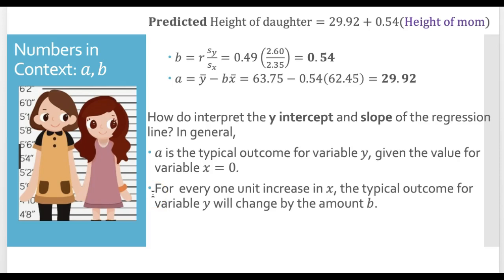So this quantity B, I could just write it as B over 1. And so what we say is, for every 1 unit increase in x, the typical outcome for variable y will change by the amount B.